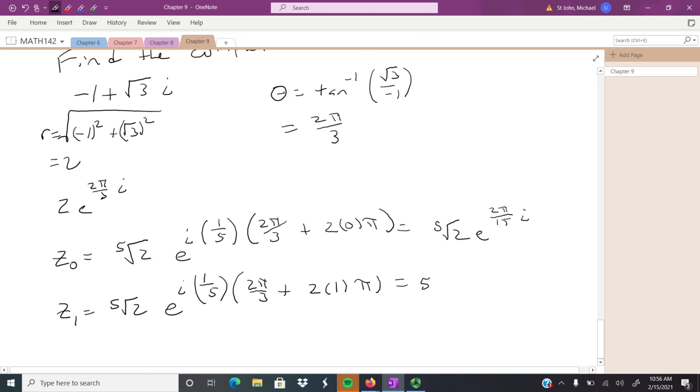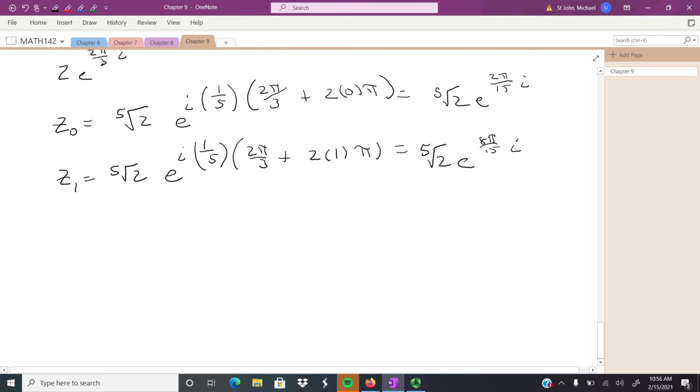So the fifth root of 2 e, and now this is going to give us 8 pi over 15 times i. Right? z sub 2 is going to be, so there is going to start to be a pattern here. And the pattern is this is now going to be the fifth root of 2 e, and this will now be 14 pi over 15. So basically the pattern here in this example is we're going up by 6 pi over 15 from one to the next.